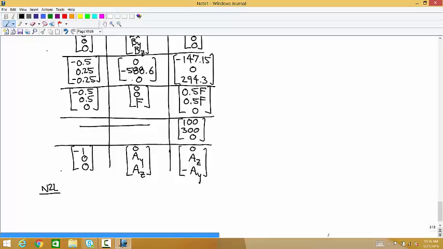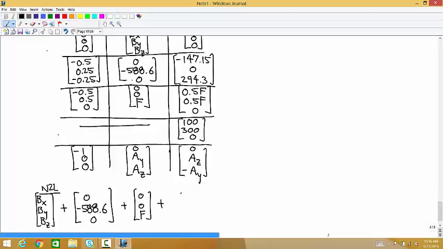So Newton's second law says Vx, Vy, Vz plus 0, negative 588.6, 0, plus 0, 0, F, plus 0, AY, AZ is equal to zeros.